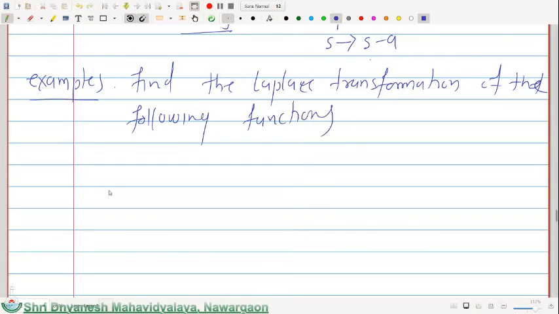Number one, e to the power t, t square plus 1 whole square.